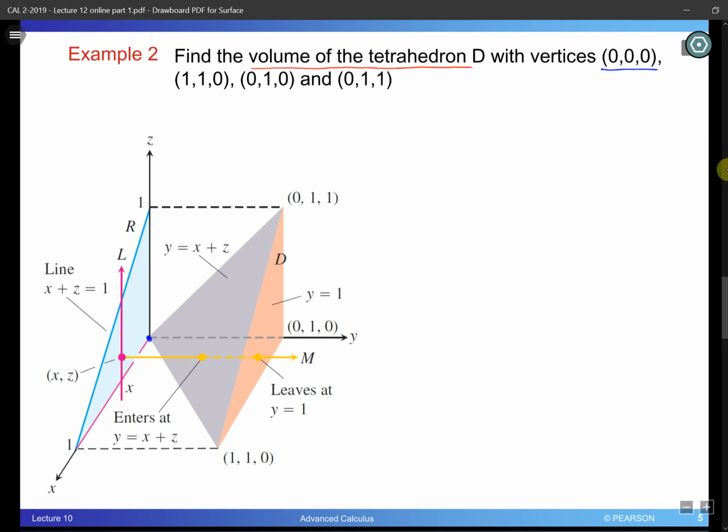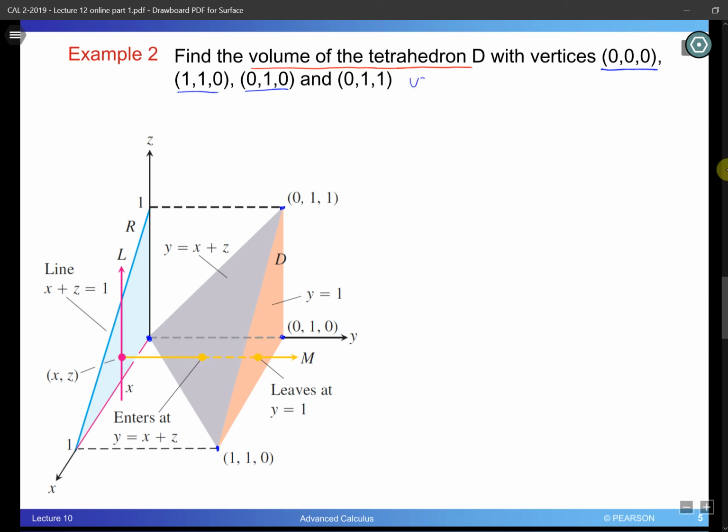Then the next vertex is 1, 1, 0 right here. And then the next vertex, 0, 1, 0. And the next one, 0, 1, 1. Now we have this tetrahedron coming out of these vertices, and we are supposed to find the volume of this object by using a triple integral.